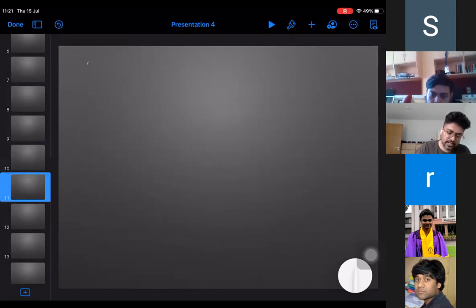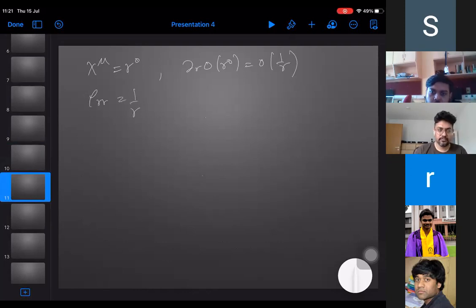What you require here is that your xi mu has to go to O of r naught, and since your rho is O of 1 by r, and over here the r rho which I was talking about is also 1 by r, these are the conditions. So is this the choice which was made by BMS? Yes. Okay.